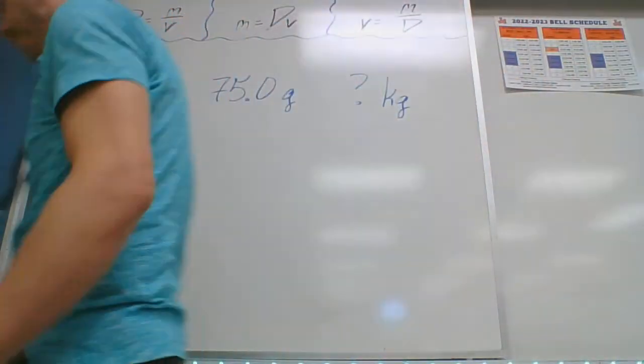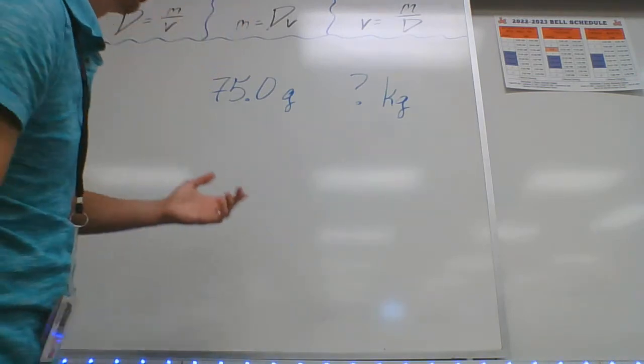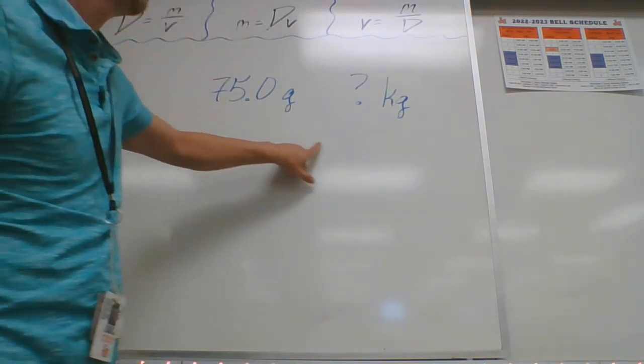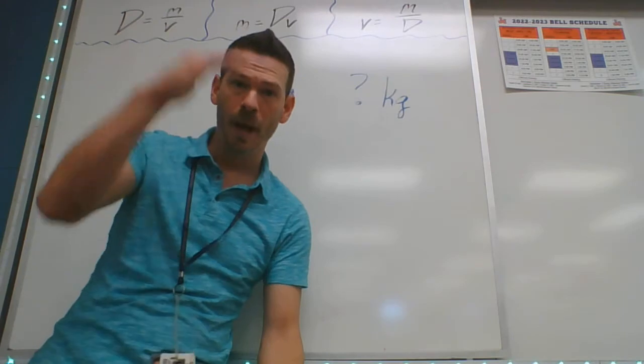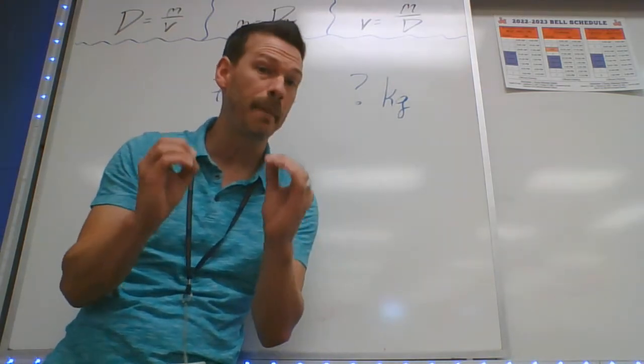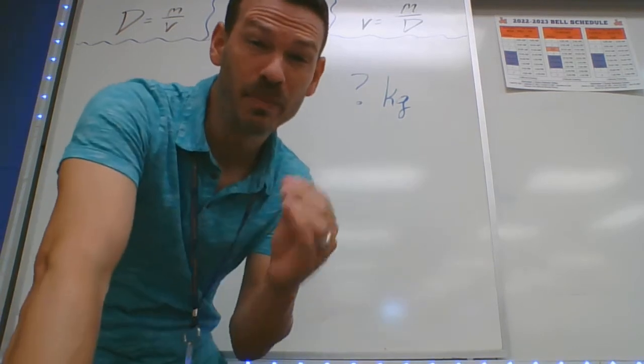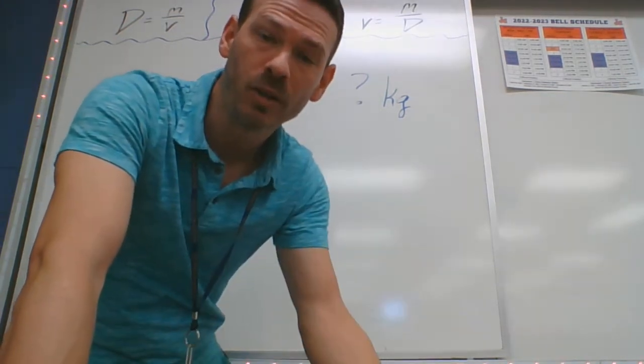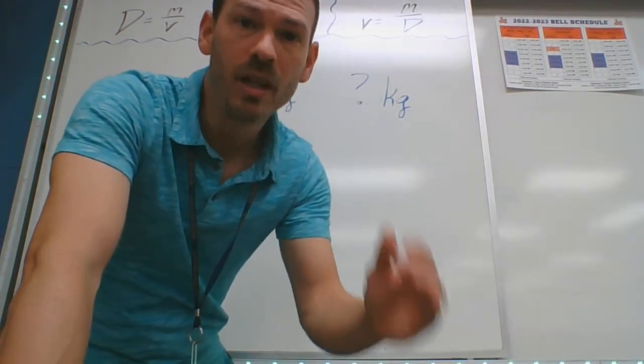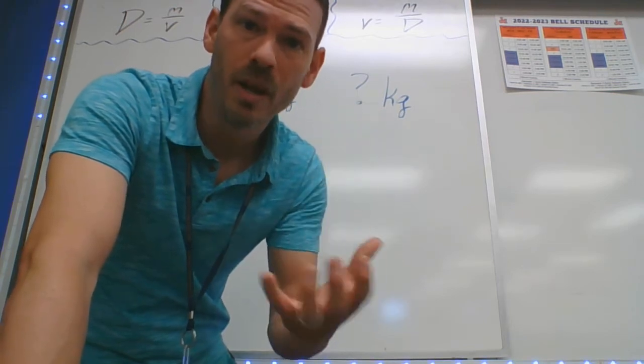So with that being true, I know I'm going from nothing to the kilo. So I'm moving up the list, which means the unit's getting bigger. And write this down if it's not already in your notes: if the unit gets bigger, the number gets smaller. Vice versa, the unit gets smaller, the number gets bigger.